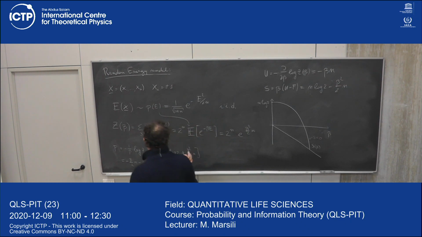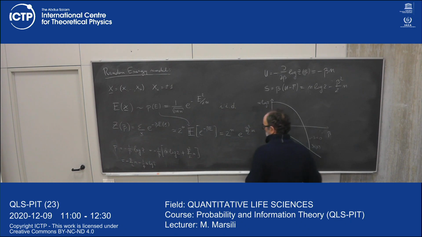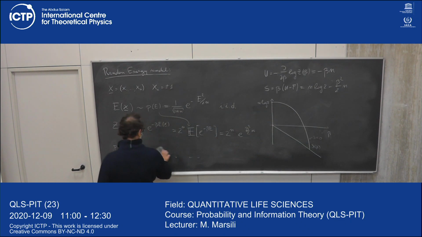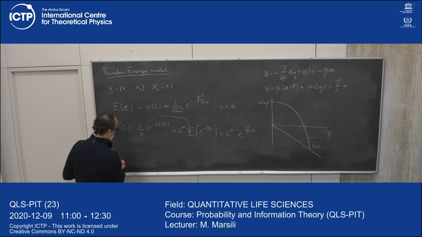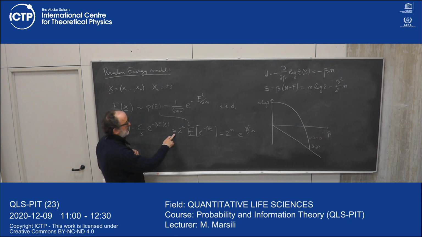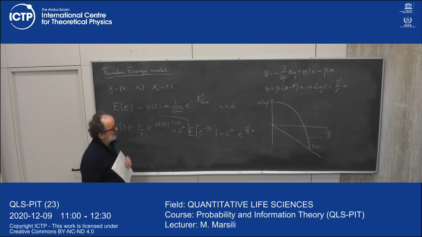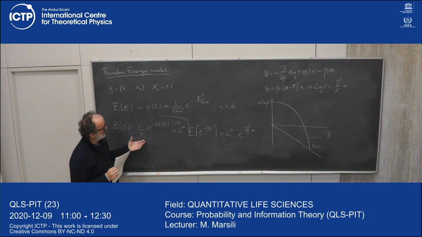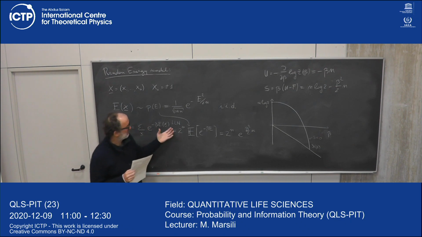Well, the problem is that in doing this calculation, we have made the assumption that we can compute the partition function by assuming the law of large numbers. Okay? This means that when you compute this sum, it is really dominated by an exponentially large number of terms. Okay?